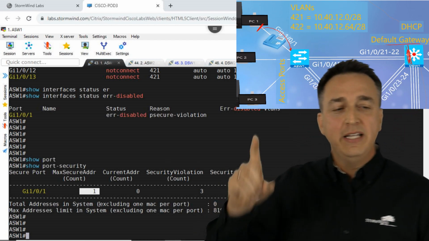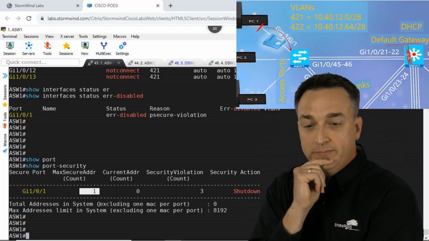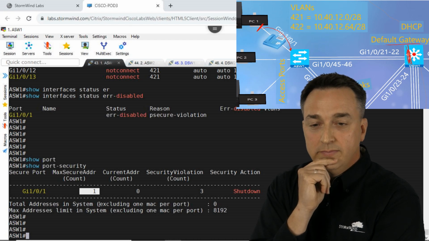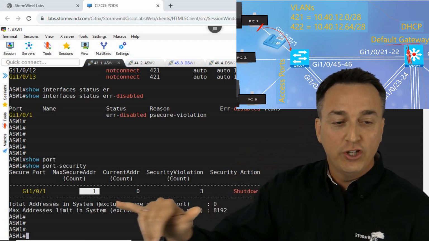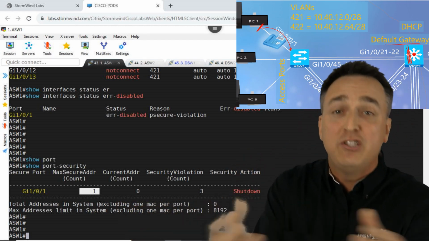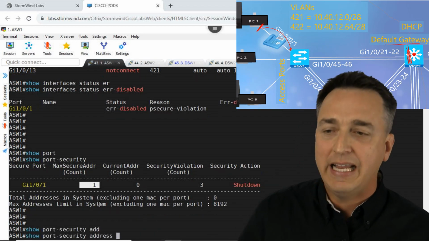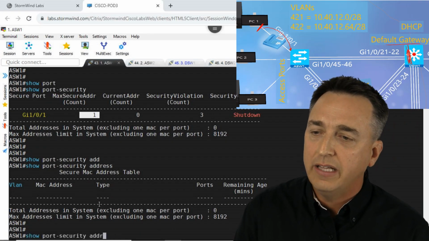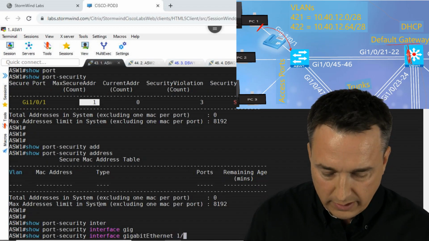Folks, how many devices are connected to this port right now? 2, right? So should that value actually be 2? It should be. Absolutely. But while we're at it, let's see if there are any addresses in here for that interface. There are none.